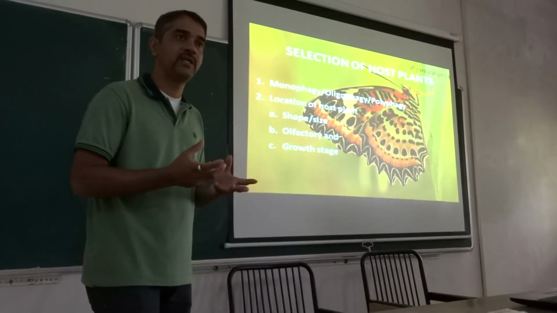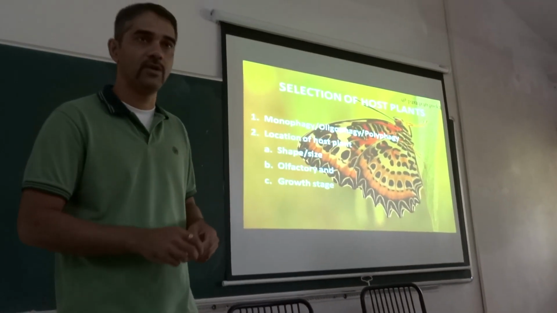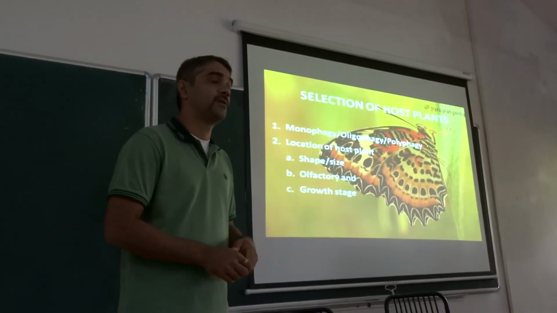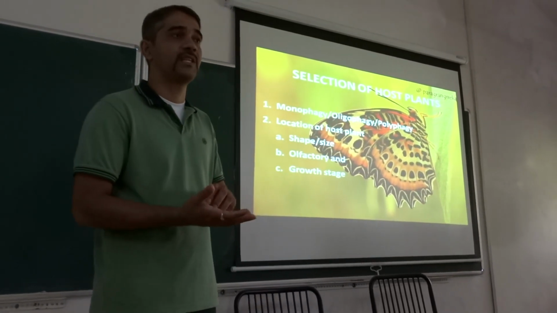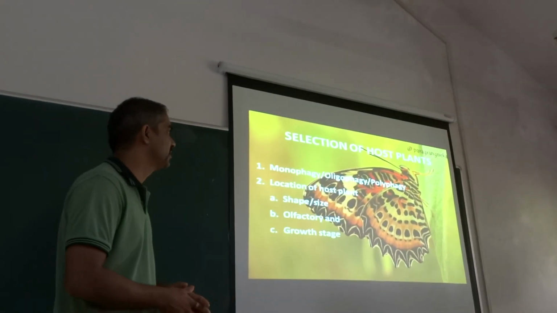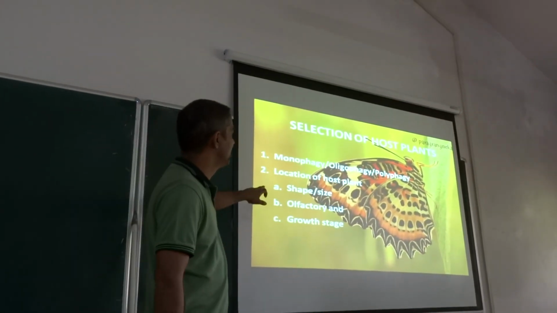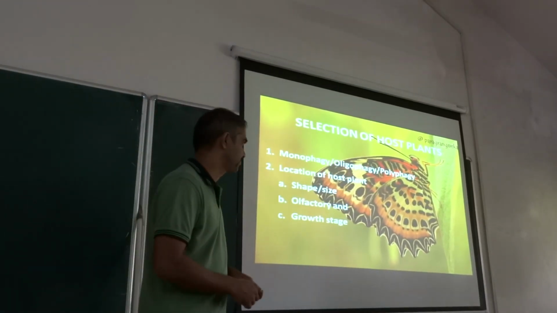Its mouth parts are not really developed as in a bigger caterpillar, so it needs tender shoots to feed on. As the leaf matures, it also synthesizes some chemicals which can be toxic to a younger caterpillar. That's why the first thing is the shape and size of the leaf.